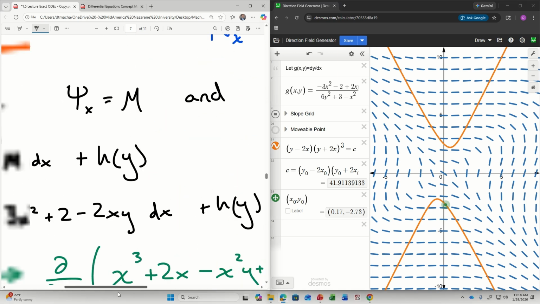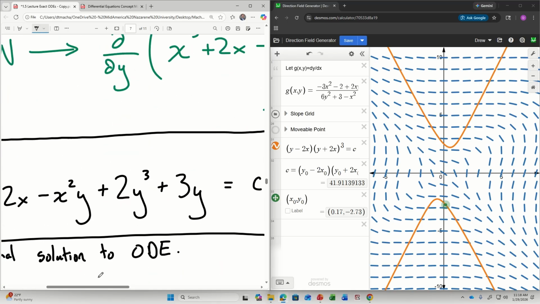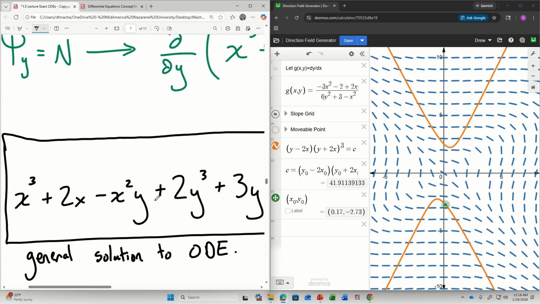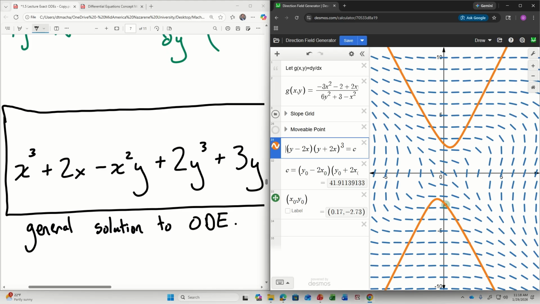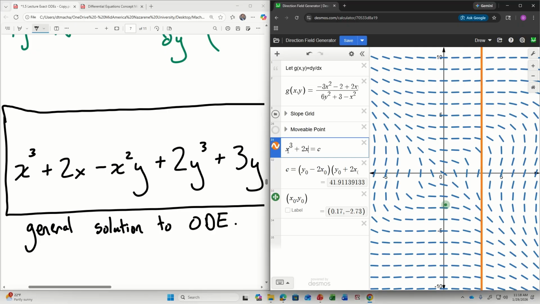And then to put in the general solution, type it in just like I got it, which is x cubed plus 2x minus x squared y plus 2y cubed plus 3y equals c.